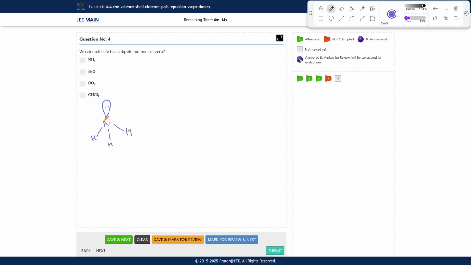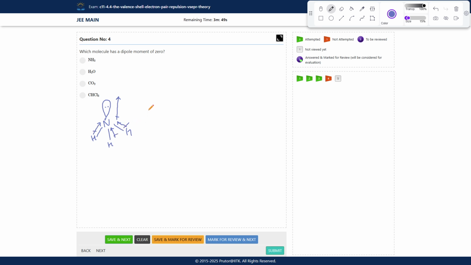Now, what will be the direction of the dipole moment? And remember, students, a very important point I am telling you here: in the case of a lone pair, the dipole moment will start from nitrogen and move towards the lone pair. So this is always true.